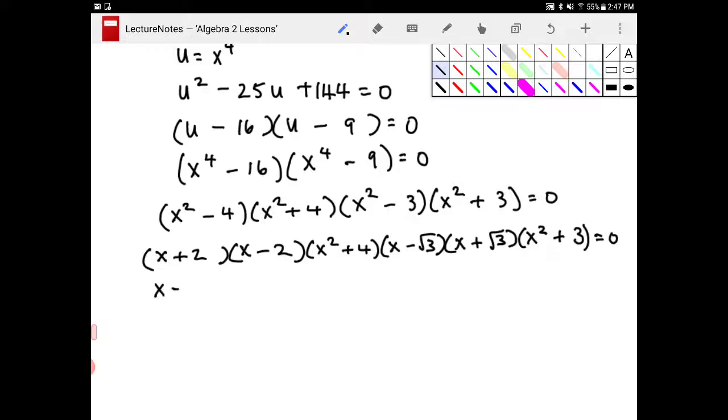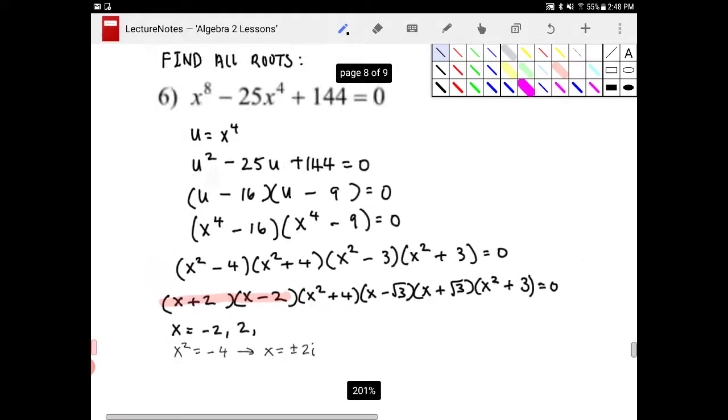Well, x will equal negative 2, positive 2. That's for these two. And then I will have x squared plus 4. If x squared is equal to negative 4, then x will equal plus or minus 2i.